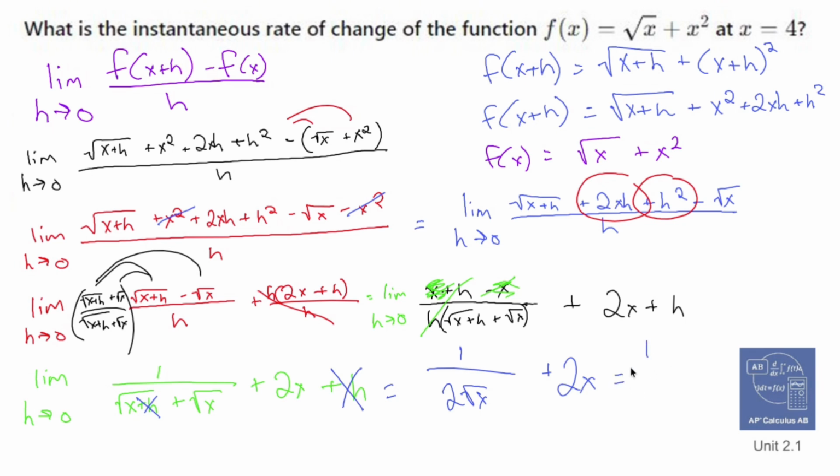That's 1 over 2 root 4 plus 2 times 4. 1 over 2 root 4 is 1 over 2 times 2, which is 1/4, plus 2 times 4 is 8. So when all is said and done, we get 8 1/4.